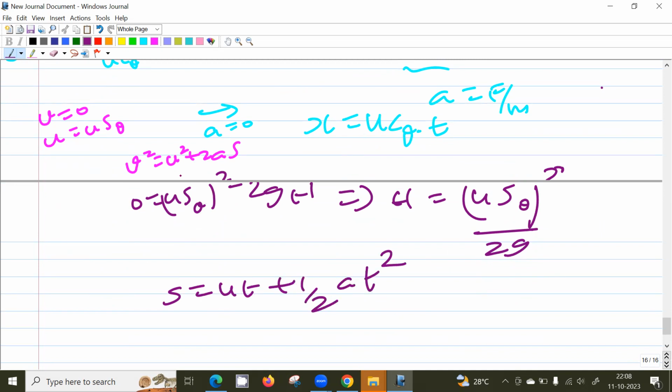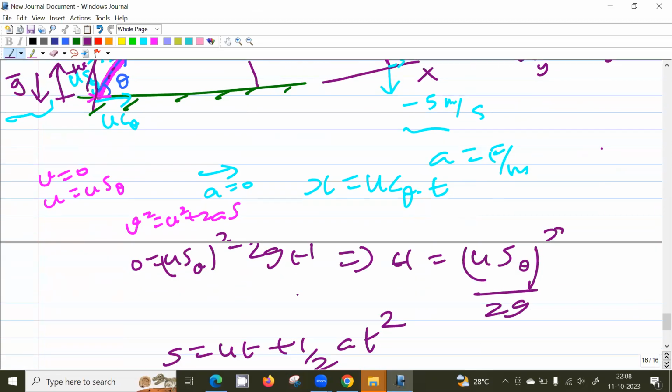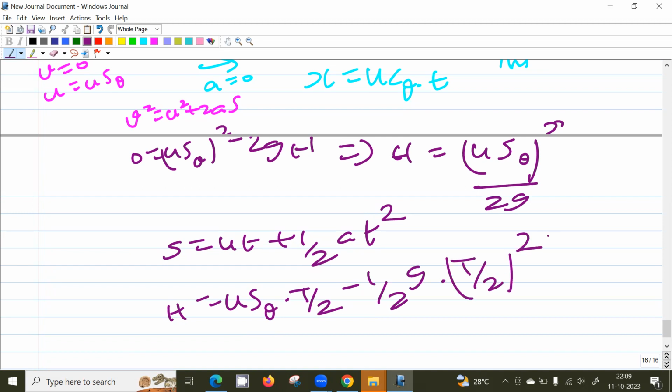So if I choose these 2 points, one is the bottommost point and one is the topmost point, in that case the displacement will be h, and u is u sin theta, the vertical direction motion. Time is t by 2, and acceleration is minus g. This is becoming complicated.